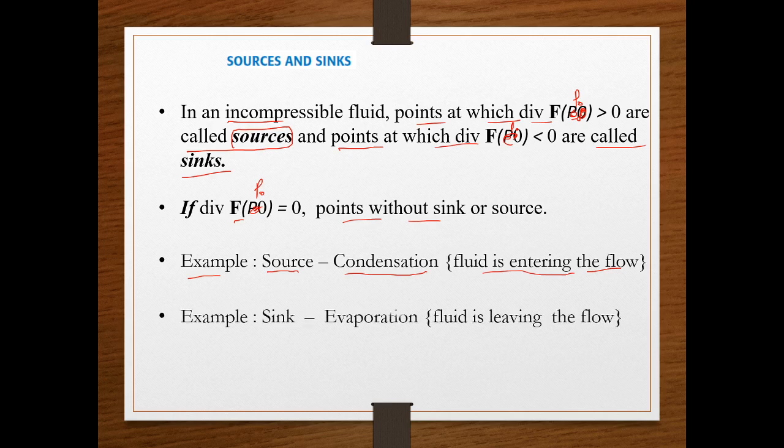And an example of a sink is evaporation, that is, fluid is leaving the flow. So from a surface the fluid is leaving, then we say it is a sink. So in order to find the sources and sinks, we have to find the divergence at a point.